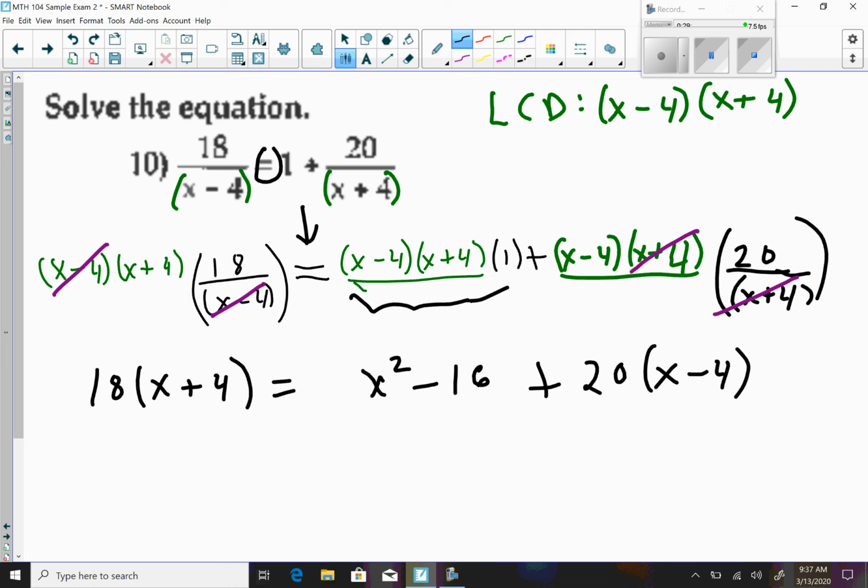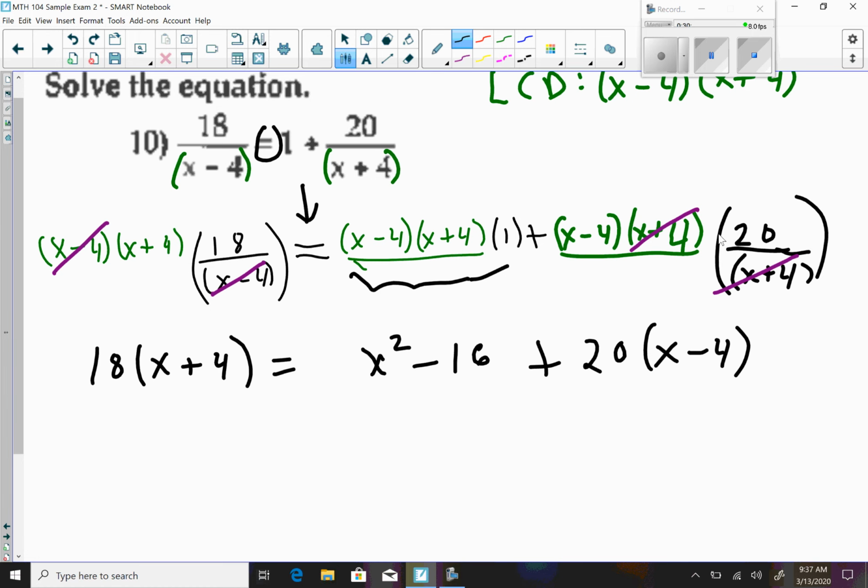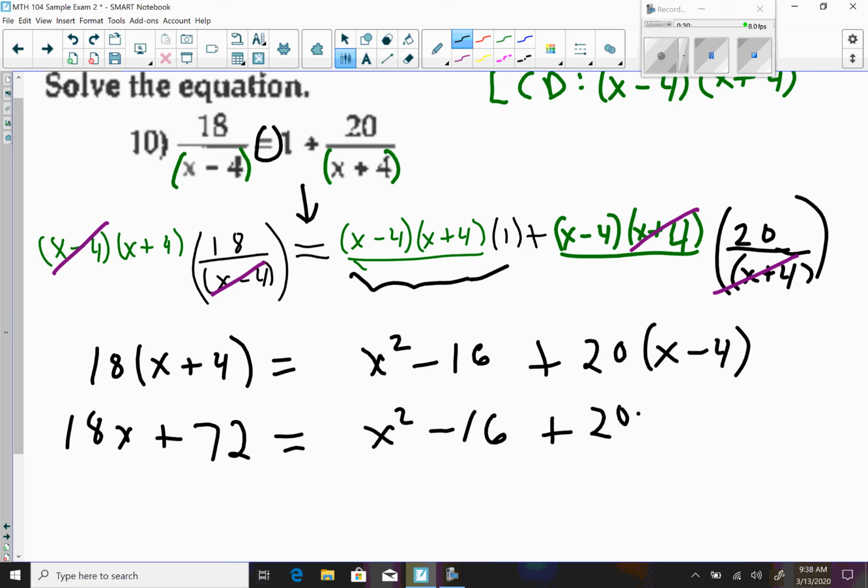That's what's left after the canceling that I did in purple. Now we'll get rid of all the parentheses. 18 times x plus 18 times 4, which is 72, equals x squared minus 16, plus 20 times x is 20x, and 20 times negative 4 is negative 80.